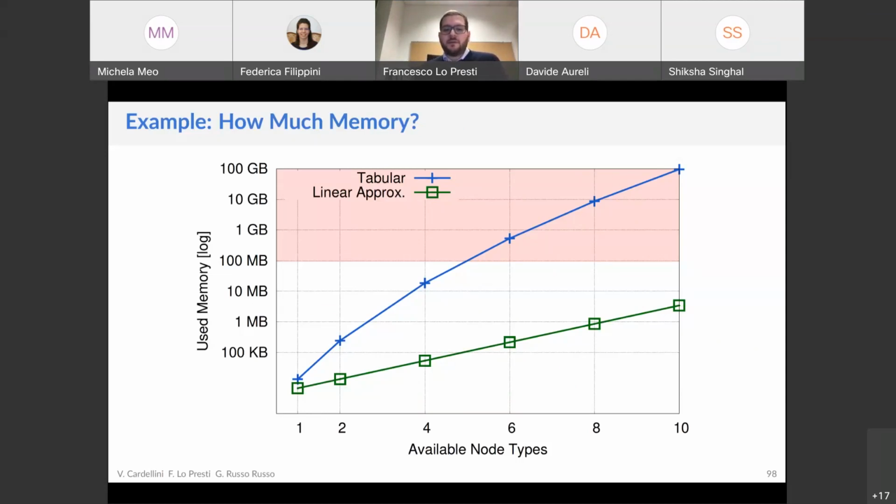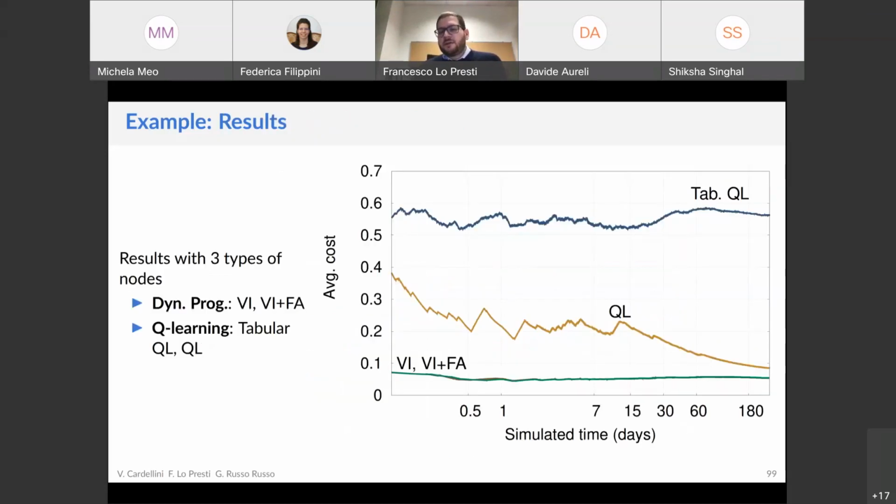And if we look at the average cost we achieve in a simulated environment using the tabular Q-learning, the Q-learning with functional approximation, and the value iteration algorithm with and without functional approximation, we can see that in the case of Q-learning, the performance is dramatically improved when we use functional approximation.